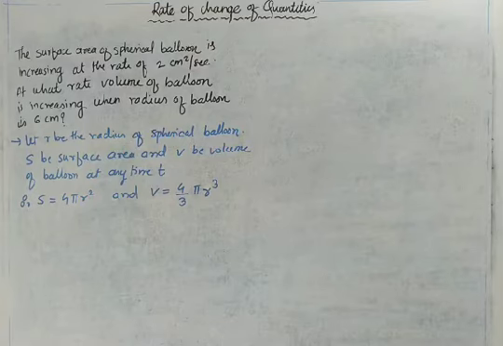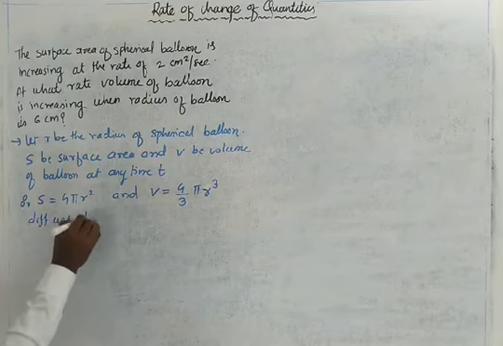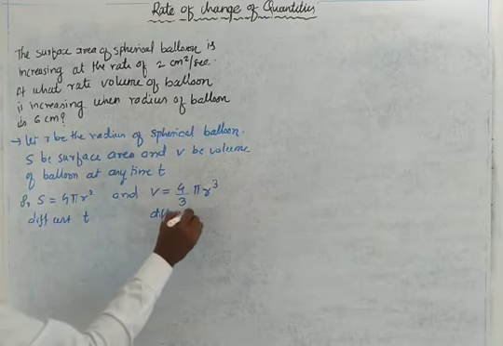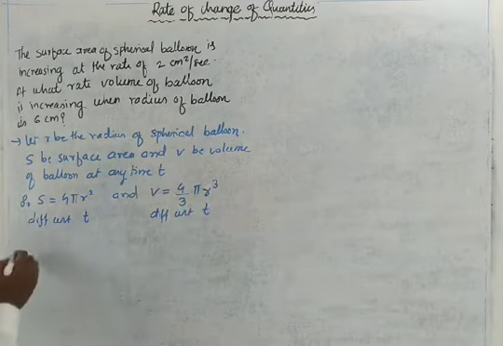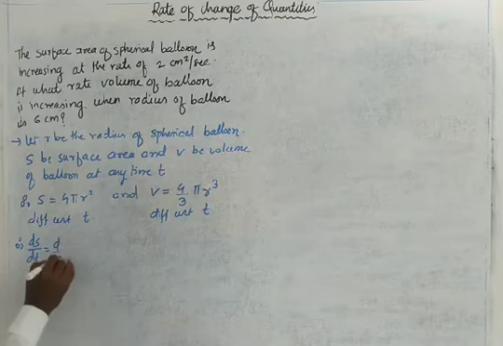Now we have to start with differentiation. Differentiate with respect to t. This also, differentiate with respect to t. Now differentiate the first part: dS by dt, the change in surface area with respect to time t, is equal to d by dt of 4 pi r square.